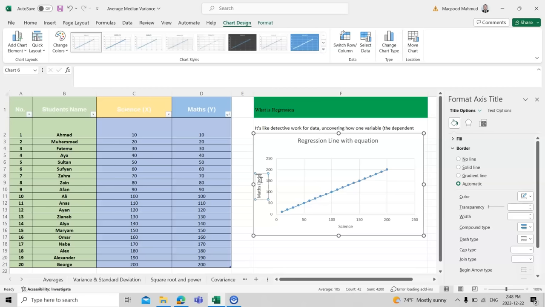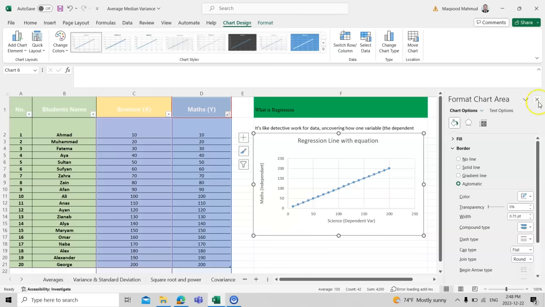This is independent, we call it the independent variable. And science is on the x-axis, and it is called the dependent variable. So this is what we have.